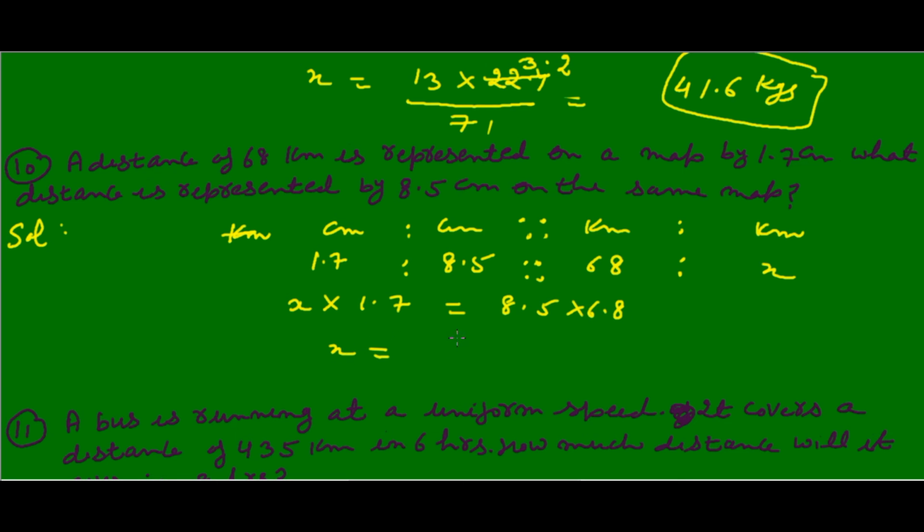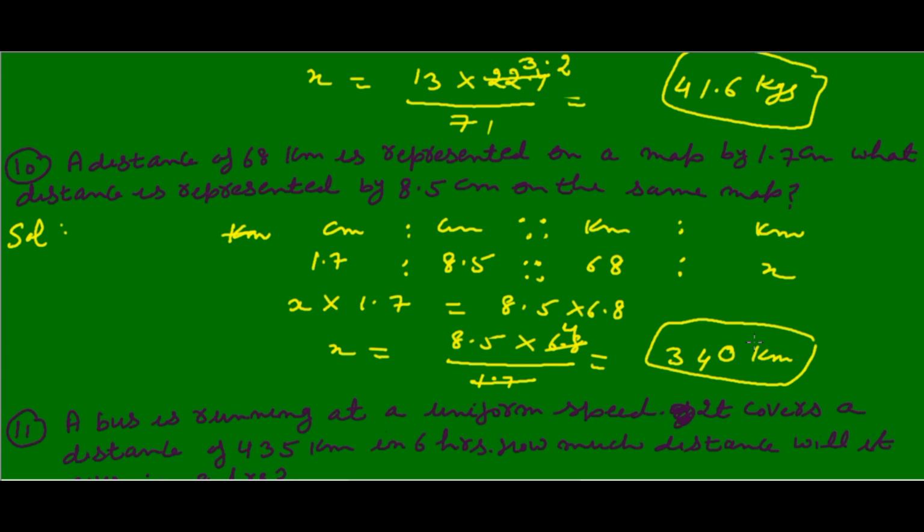So x would be 8.5 multiplied by 6.8 upon 1.7. Decimal here, decimal, no need to panic. 4 17s are 68, so 5 4s are 20, 8 4s are 32 plus 2, 340 kilometer.